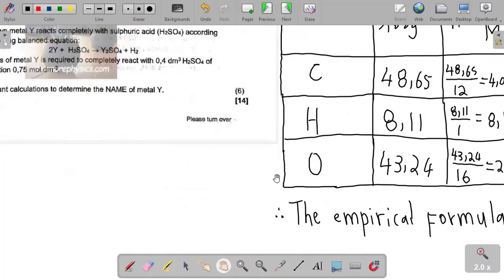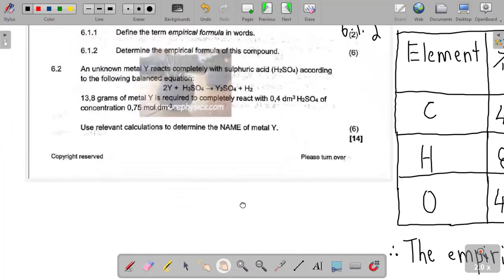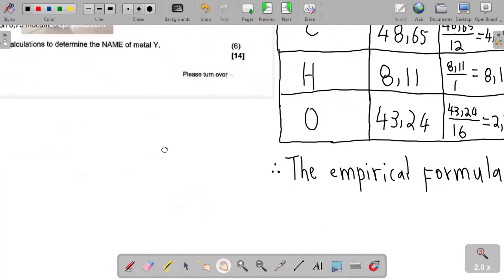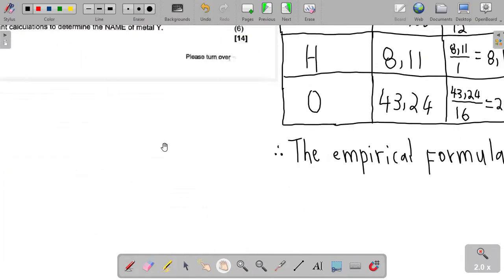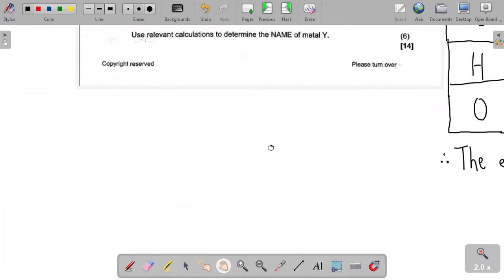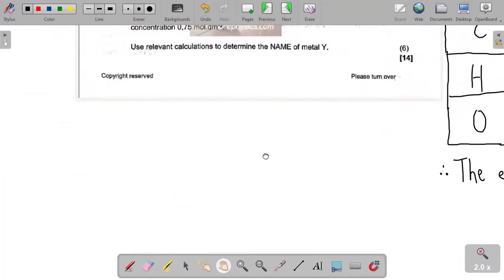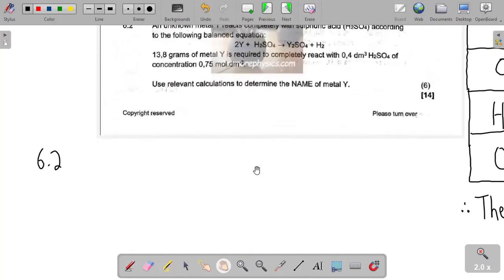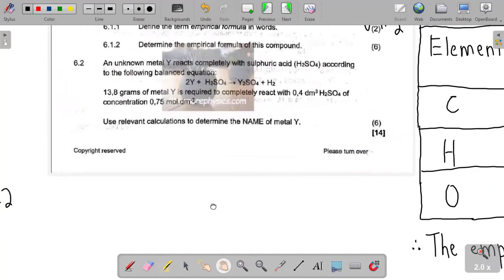So now, let us go to 6.2. Let us read the question and see what is required here.